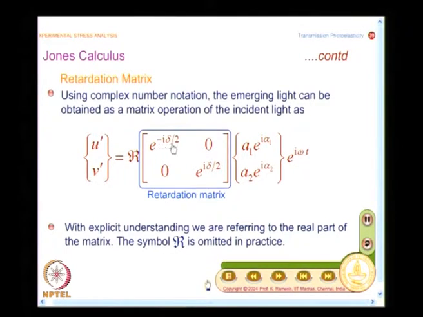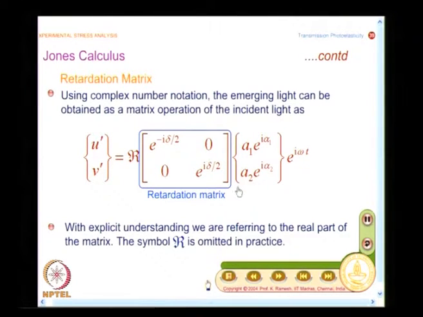Because I understand that this is the slow axis and this is the fast axis. Because I write my retardation matrix with the first element as e power minus i delta by 2, I should always represent theta referring to the slow axis with respect to the horizontal.